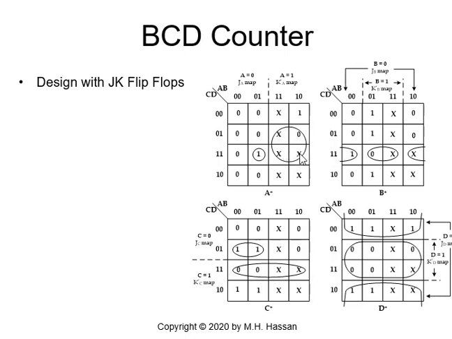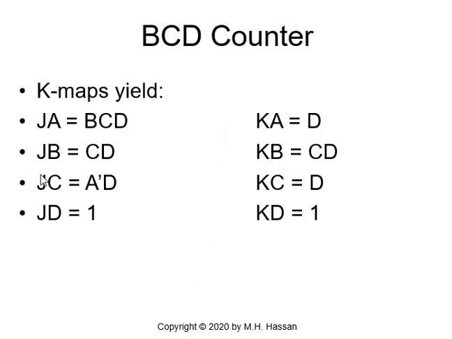So we have a group of 4, and the 0 will cancel with the 1 for B, and the 0 will cancel with the 1 for C. So what I will have is D. So KA will be D. So JA will be BCD while KA is equal to D. And this is a very correct answer.